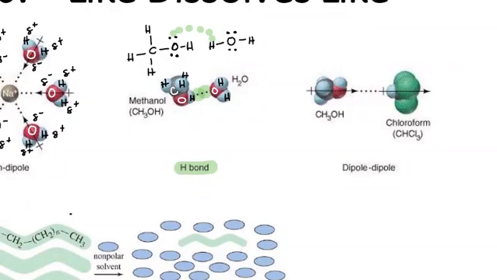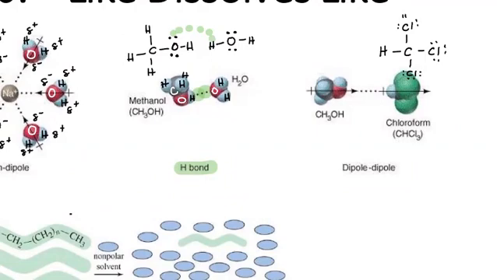Chloroform, which has the chemical formula CHCl3, and let me just draw the Lewis structure for it. Here, the carbon atom is in the middle of those green balls, and the green balls are the chlorine atoms. And then you see the hydrogen sticking out. So just imagine that the carbon atom is sitting in between all of those balls, okay? So chloroform is also a polar molecule, okay?